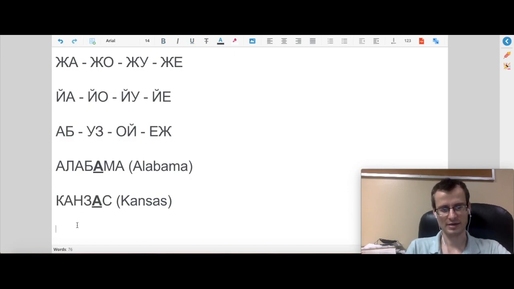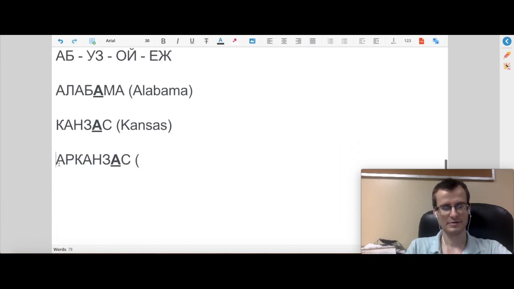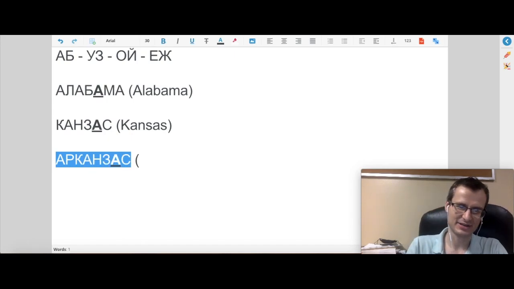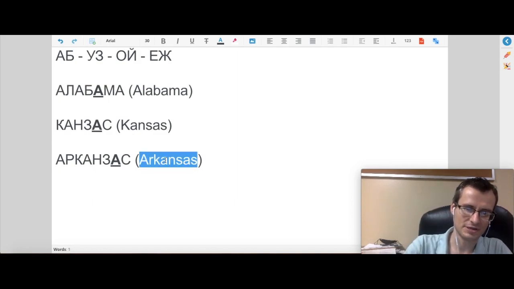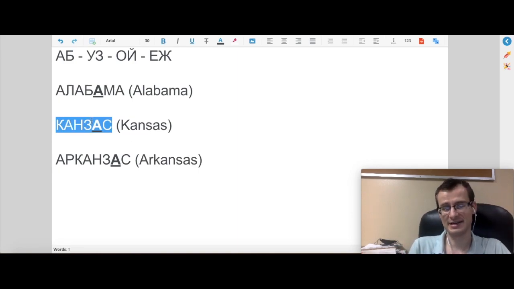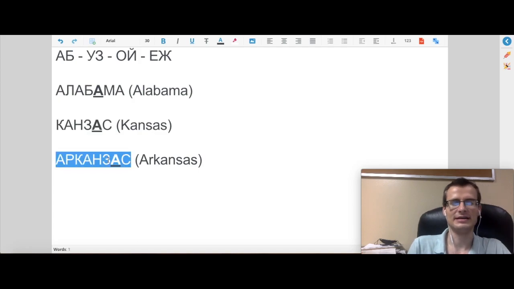If you just add a little prefix to it, like this, then you will have Arkansas, which is of course Arkansas. In Russian we don't honor the special pronunciation of the state in English, so we just say Arkansas. So Kansas is Kansas and Arkansas is Arkansas.